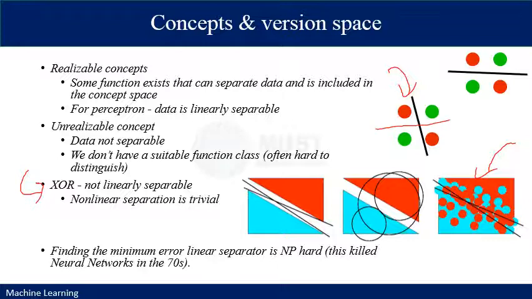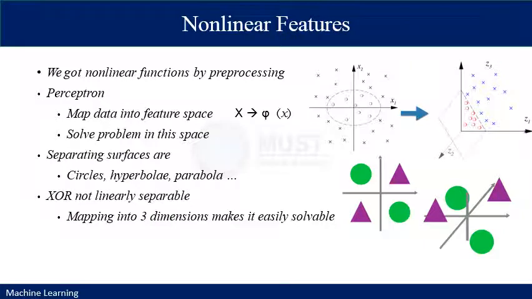Whatever way you draw the boundary, you are unable to distinguish the green labels from the red labels. Additionally, in some cases you may have data which is non-linear, such as the example drawn here.